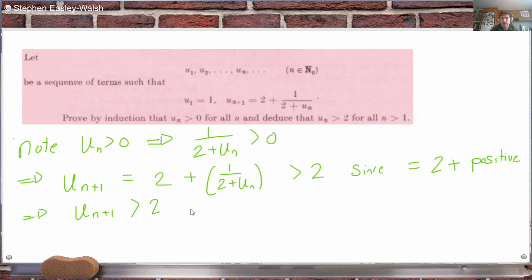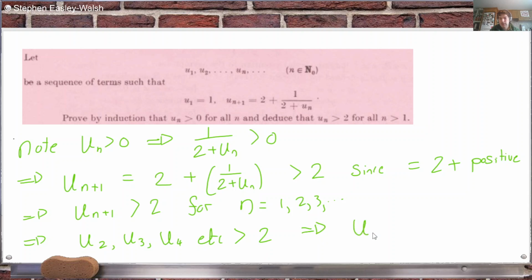And this is for n equal to 1, 2, 3, etc. So that means U2, U3, U4, etc. is greater than 2, which is the same thing as saying UN is greater than 2 when n starts from 2, or in other words, when n is more than 1.